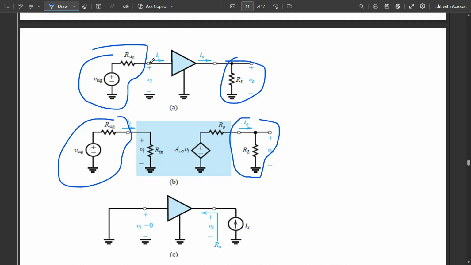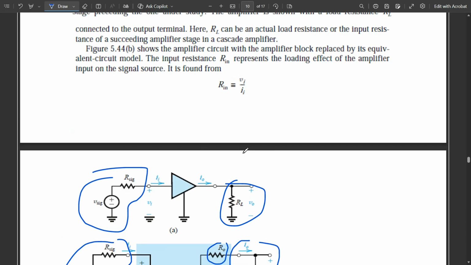They have introduced one input resistance R in with respect to the input port, and the complete amplifier is replaced by one voltage controlled voltage source, that is A V naught into Vi. That Vi is the voltage across the input resistance R in, and that is the dependent source, a voltage controlled voltage source, and in series with that they have kept one output resistance R naught. Through this you should be seeing the output voltage. So this is that equivalent model kept here.